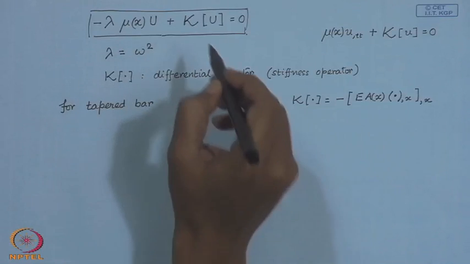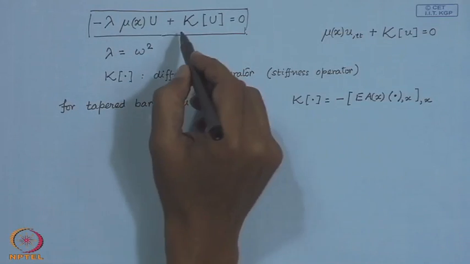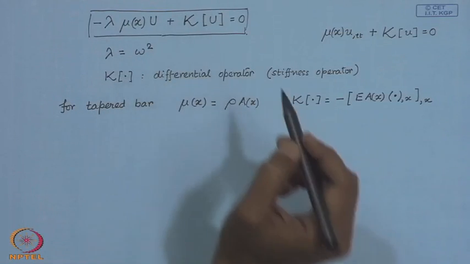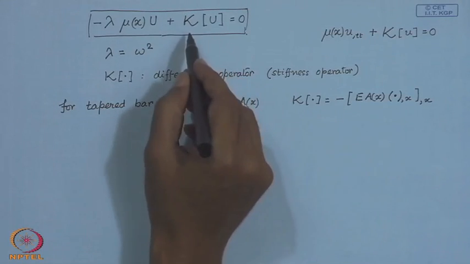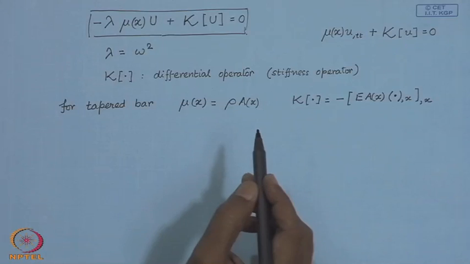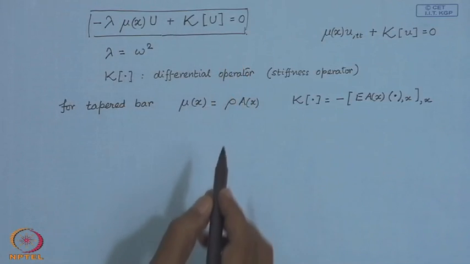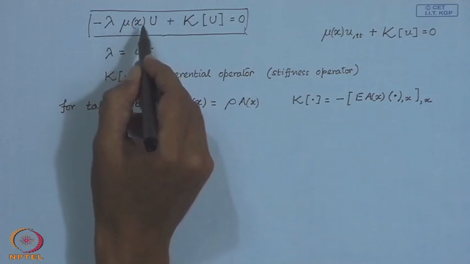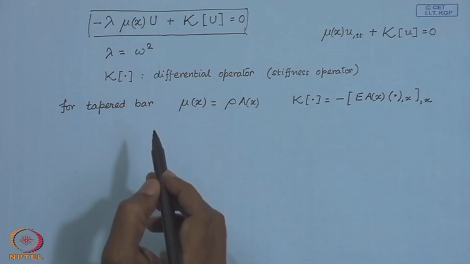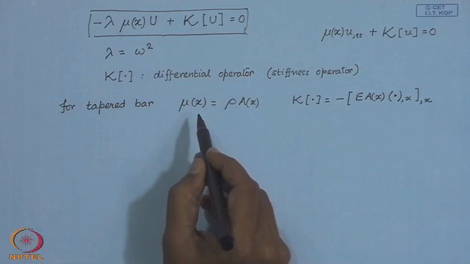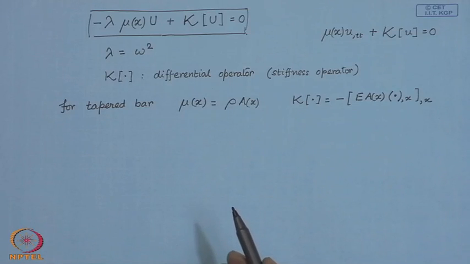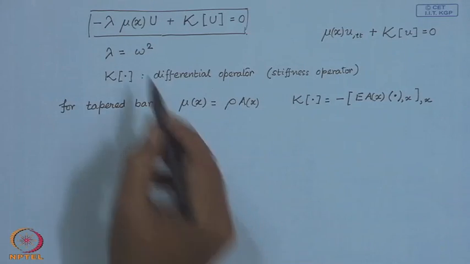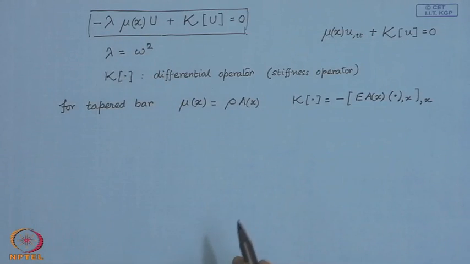Now, as I mentioned, this is known as the stiffness operator, because this term comes from the potential energy in the Lagrangian formulation, while this term mu of x is the kinetic energy operator, because it comes from the kinetic energy in the Lagrangian formulation.